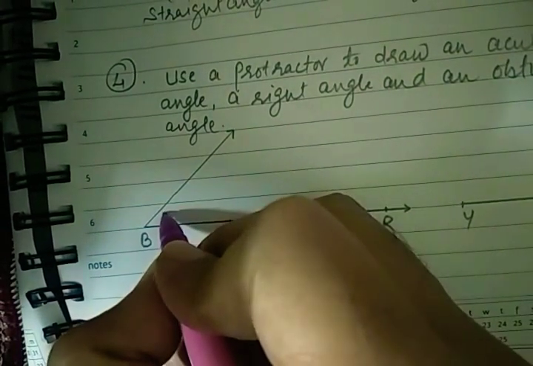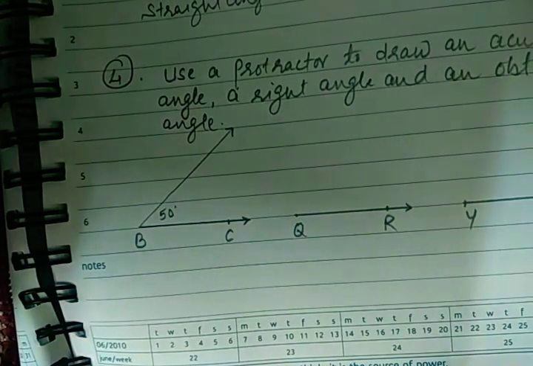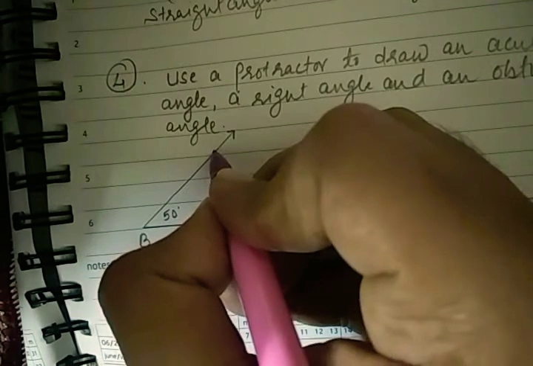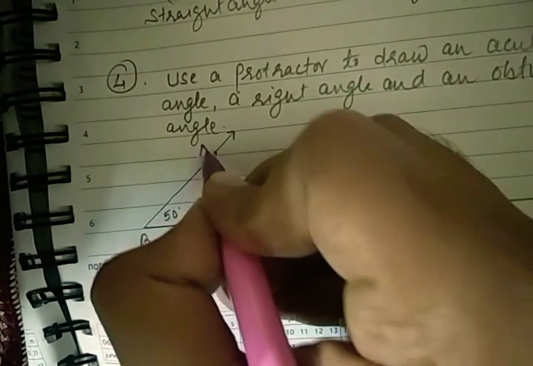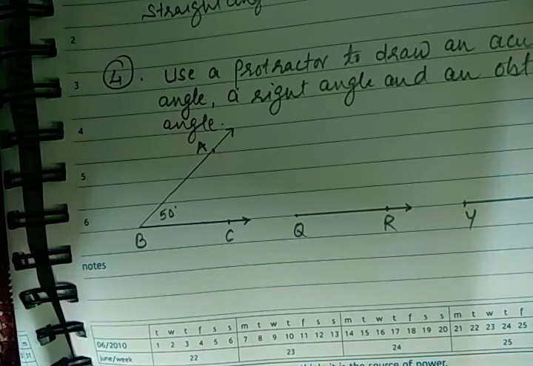I will just write the measure here, 50 degrees. So any angle less than 90 degrees is called an acute angle. Name the arm here. This is A, so you can say angle ABC is an acute angle. Okay, we'll name this later on.